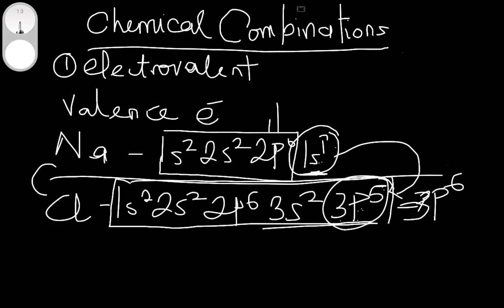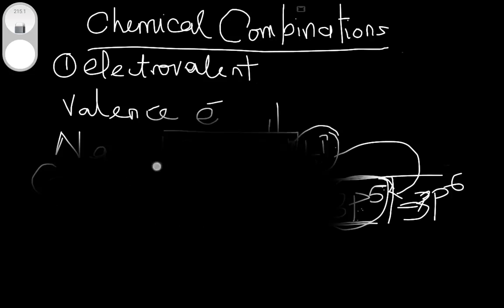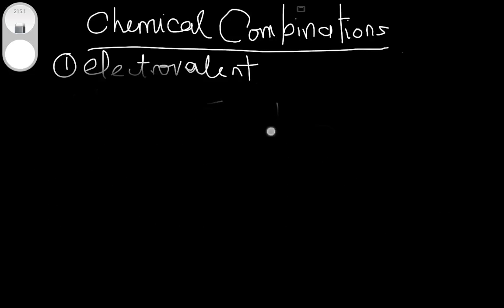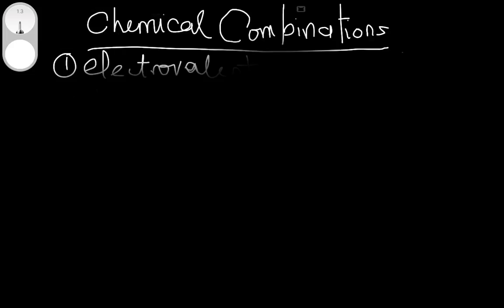So let's quickly look at how this reaction would occur. I'm going to erase this quickly. Here we have sodium. This is the outermost shell of sodium containing one electron.